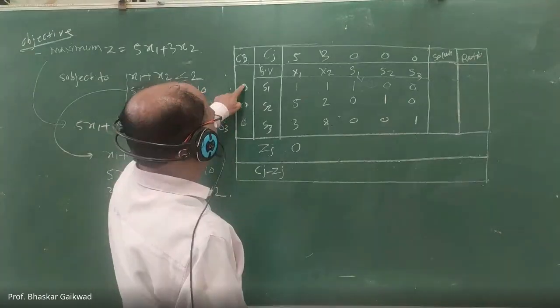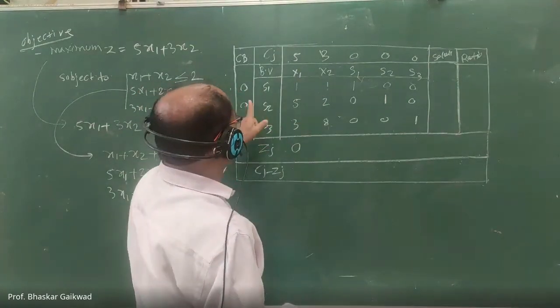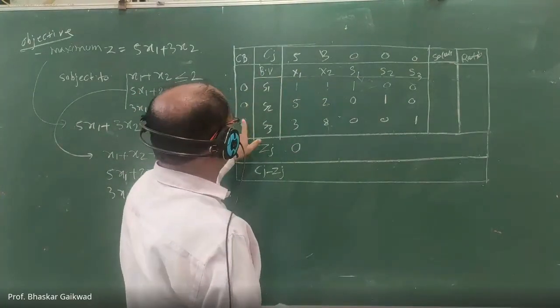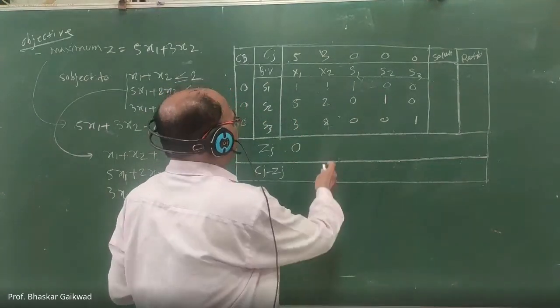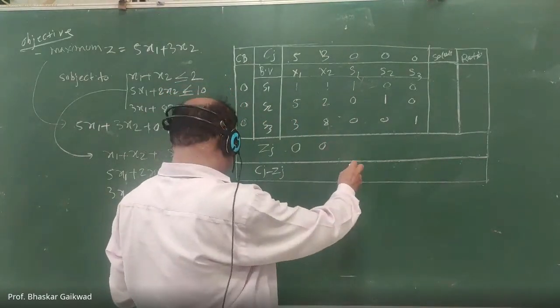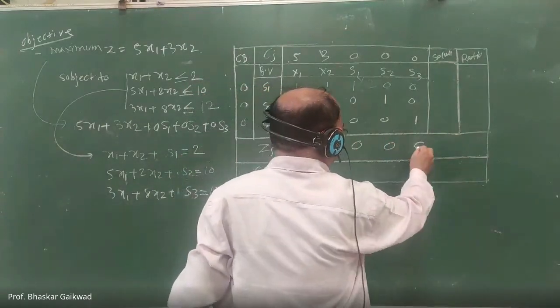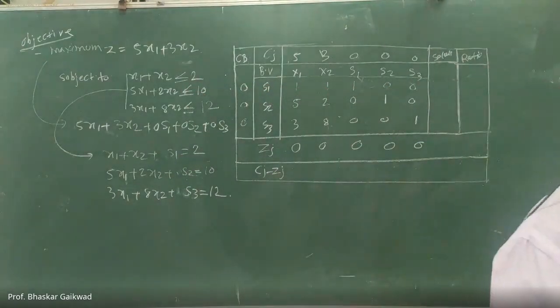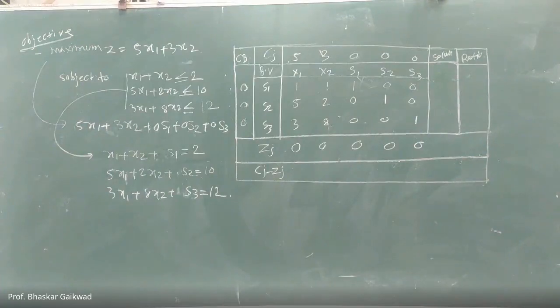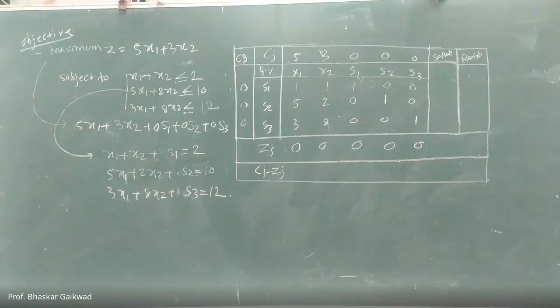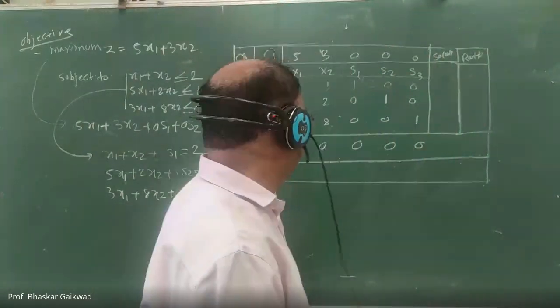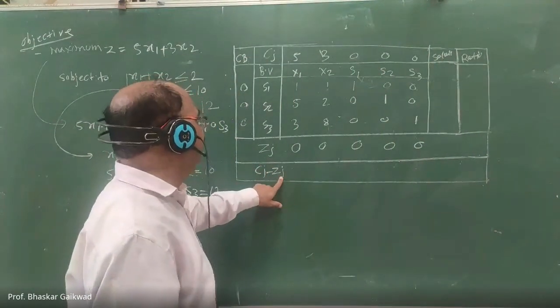Now, similarly, 0 into 1 plus 0 into 2 plus 0 into 8. So here it is 0. So I think all should be 0. Am I correct? All are 0. Okay. Now we have to find out the Cj minus Zj.